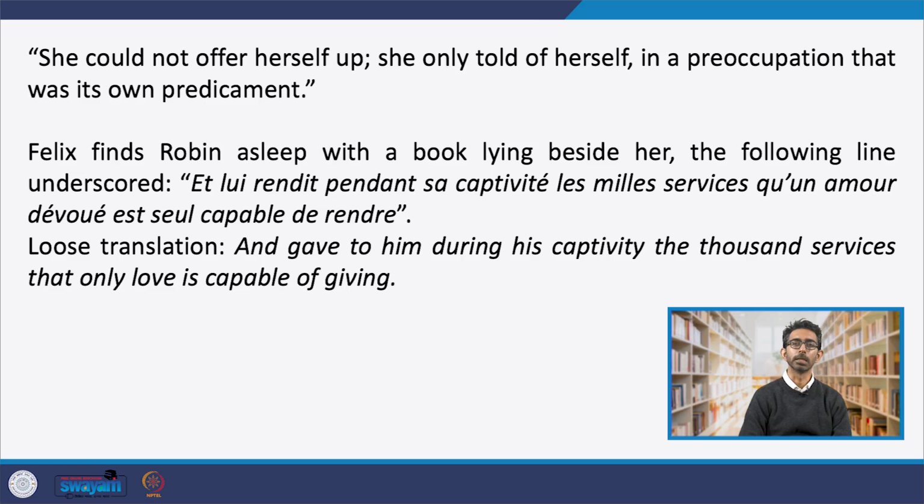And that sentence reads, gave to him during his captivity the 1,000 services that only love is capable of giving. This sentence is from the memoir of Marquis de Sade, which is also the writer who is the source of the expression sadism or sadomasochism, etc.